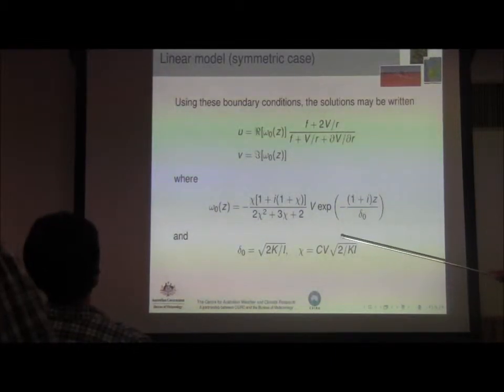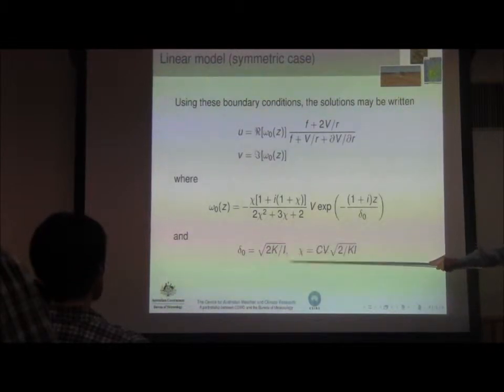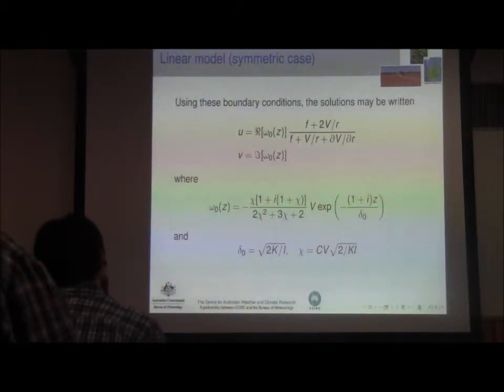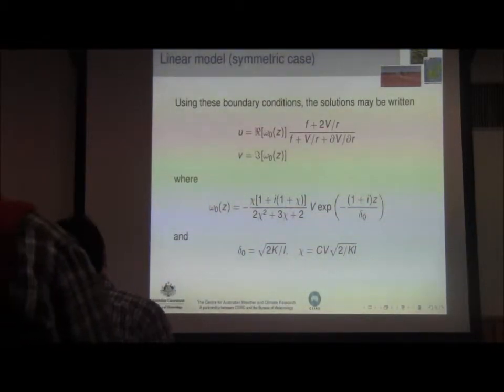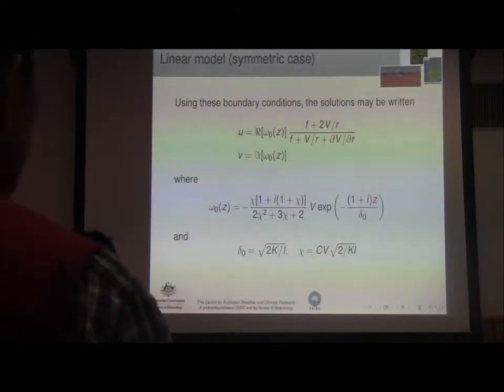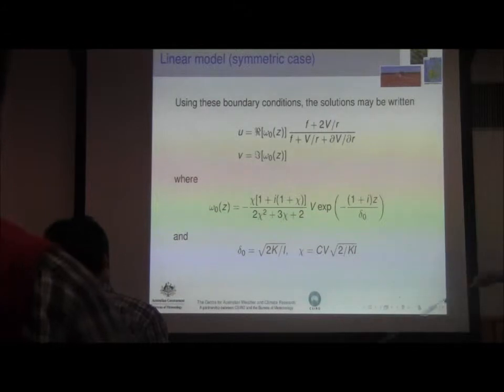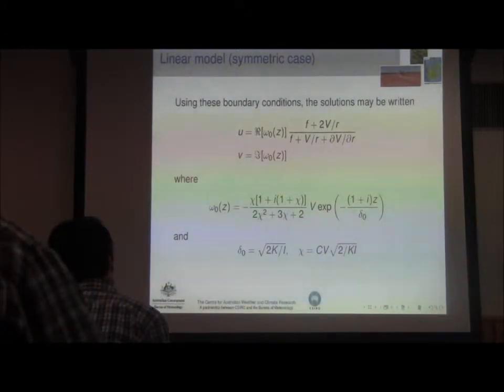What else can we say about this? A couple of things are different to the Ekman spiral. We've got I instead of f near the centre of the storm. If you think about the tropics, f is say 5 times 10 to the minus 5. I is much larger, 10 to the minus 3, somewhere of that order. So this means the boundary layer is much shallower than you would normally expect in the tropics.